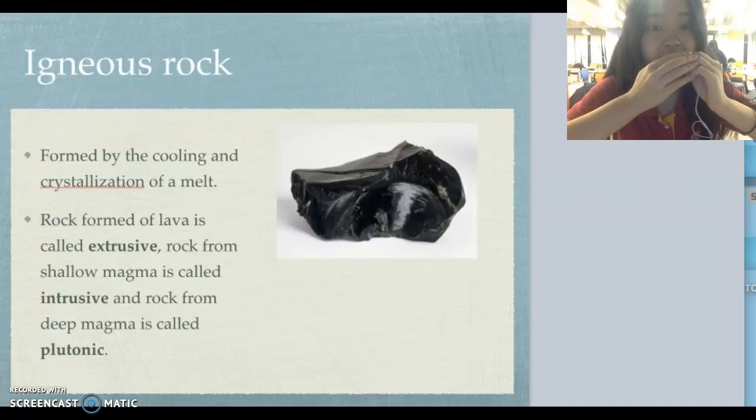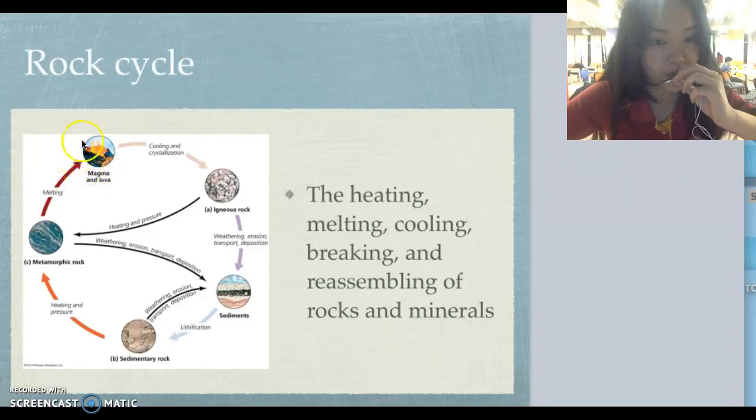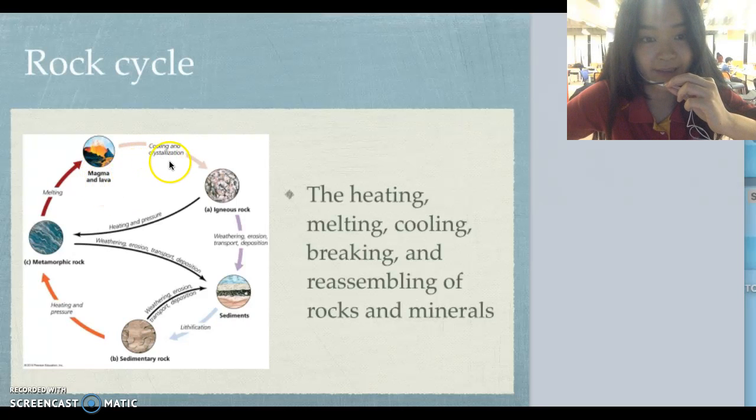And the igneous rock. The igneous rock is formed by cooling and crystallization of magma. Back to the cycle. The magma and lava, the cooling and crystallization, and it forms the igneous rock.